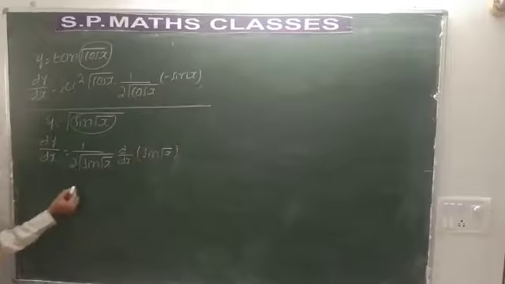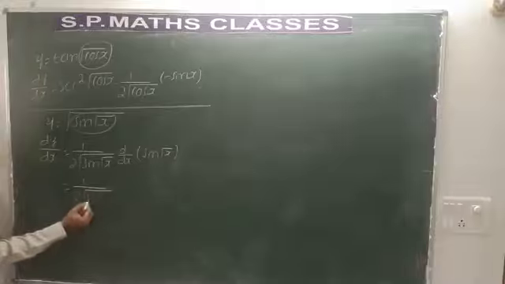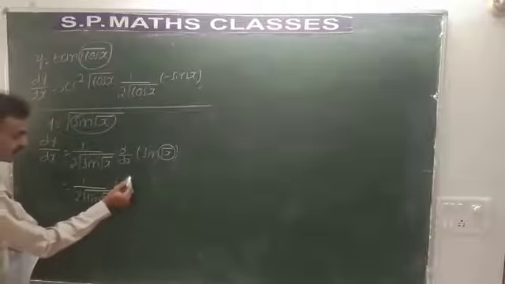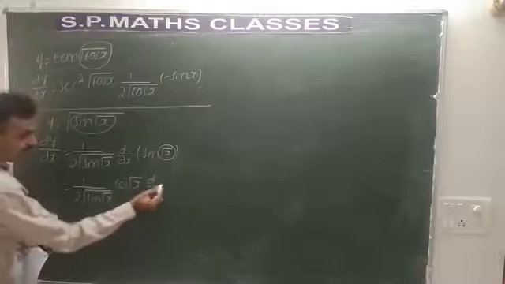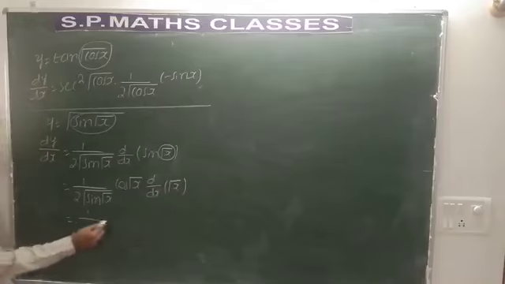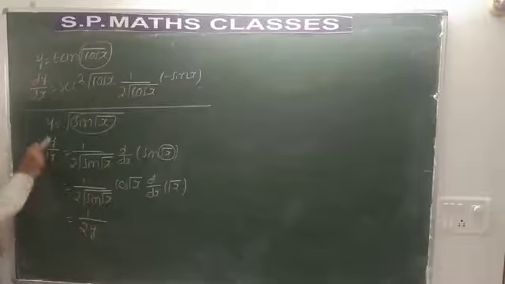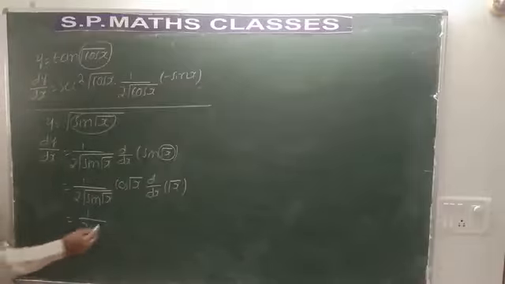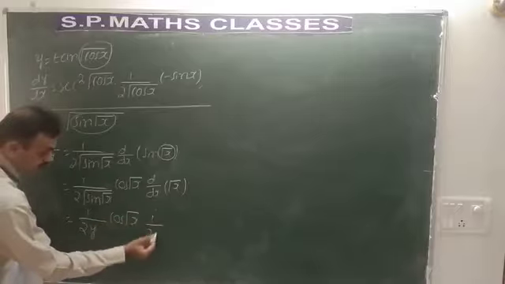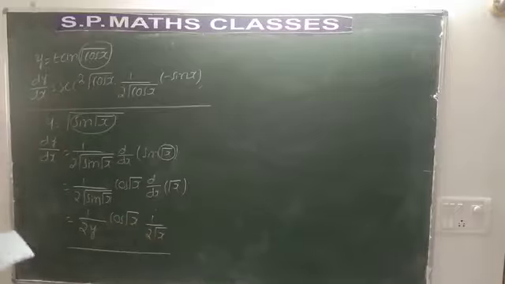How to simplify further? 1 by 2 root sin root x into derivative of sin x. What is the derivative of sin x? It is cos x into derivative of root x. Finally, 1 by 2y, because root of sin root x is y. Cos root x into 1 by 2 root x is the answer. Hope you have understood this.